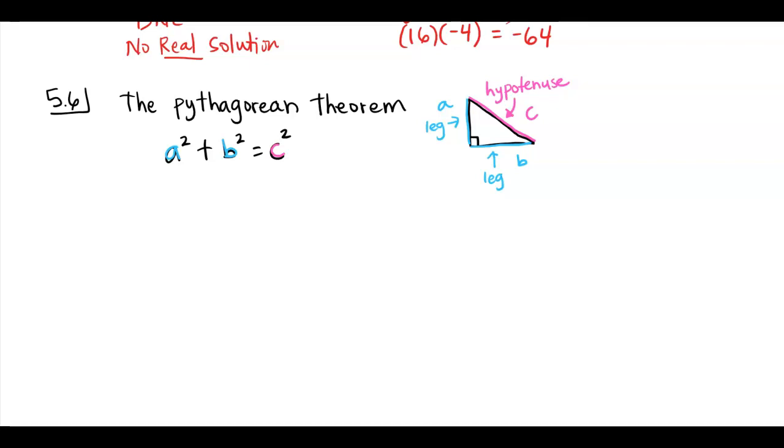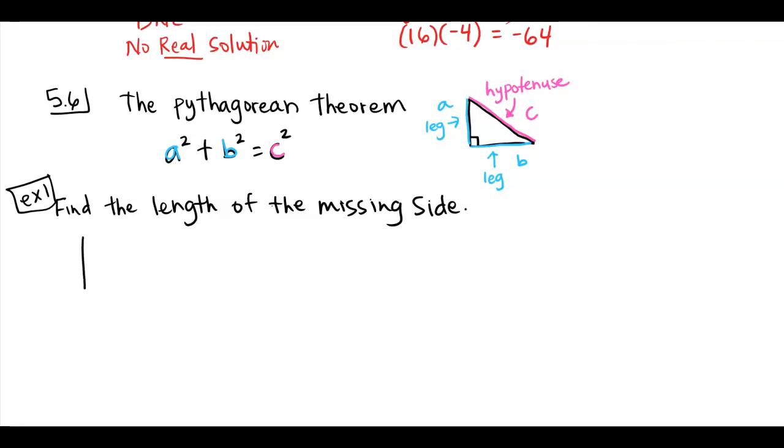Okay. All right, so let's look at some of the questions that you might have come up for these Pythagorean theorems. Right? So if it says something like this, let's find the length of the missing side.